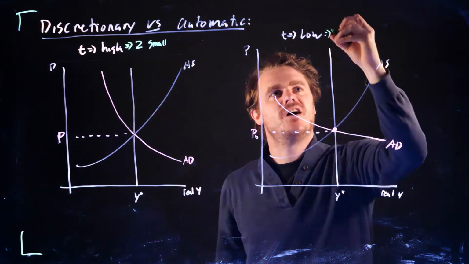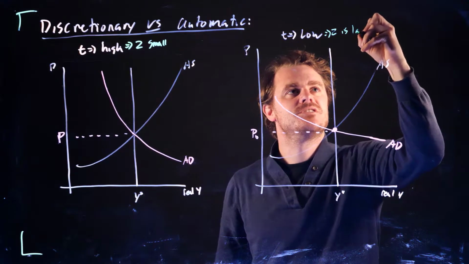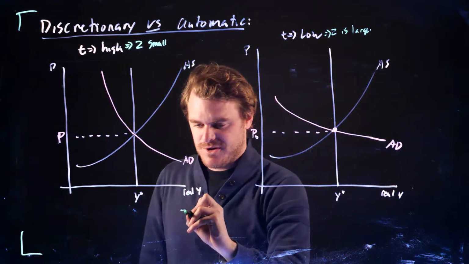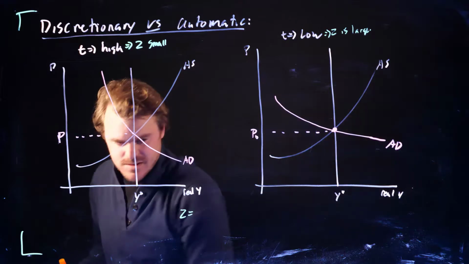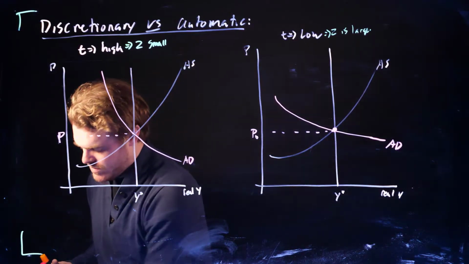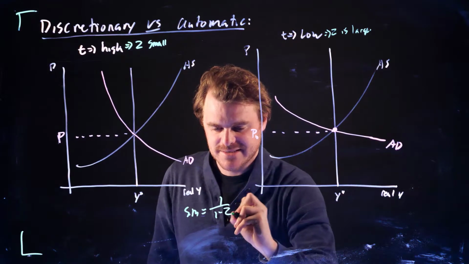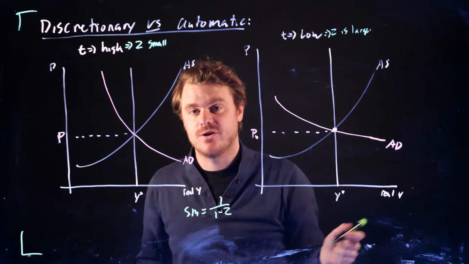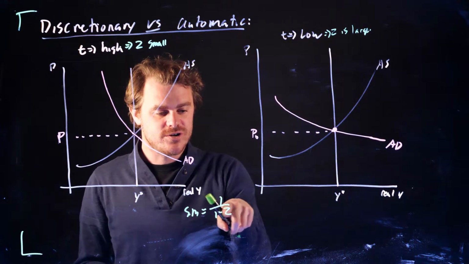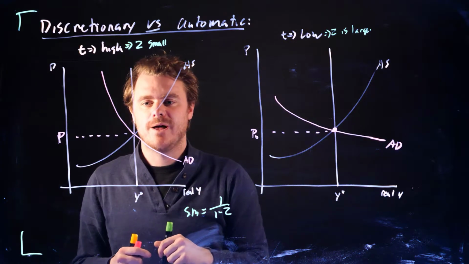And this is all relative, obviously. Z is large. And remember, the simple multiplier is one over 1 minus Z. And Z's between 0 and 1, so the closer Z is to 1, the bigger this simple multiplier.